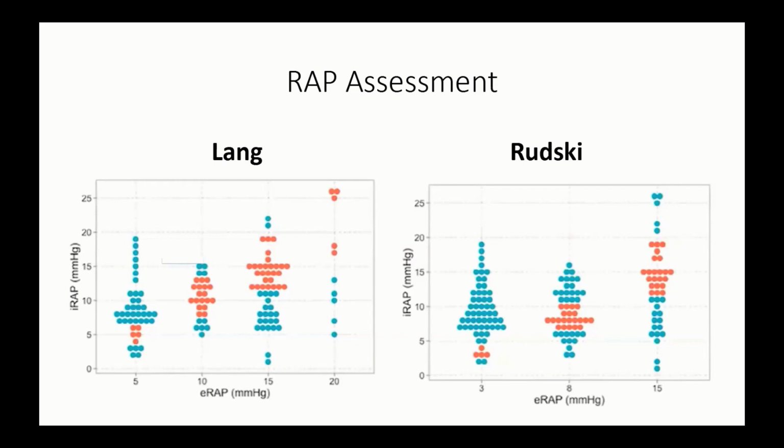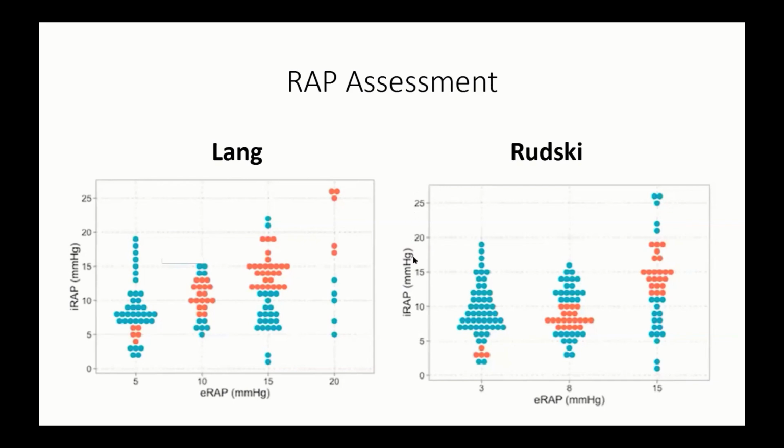The two most famous ways to do it are Rutschke's and Lang. Lang gives you the range in 5 millimeters of mercury increments, and Rutschke is what the ASE uses as a predictor. The orange circles here are what's considered accurate.